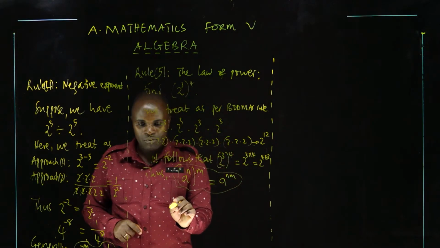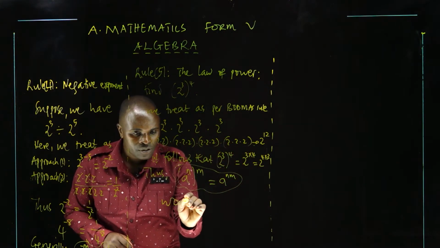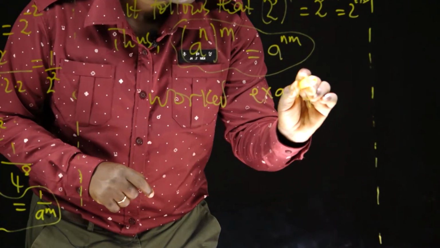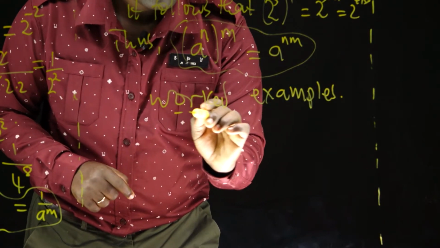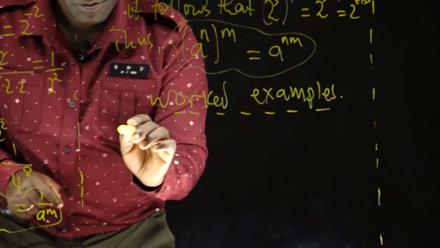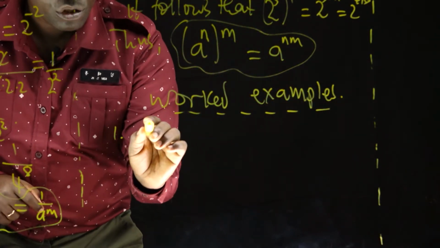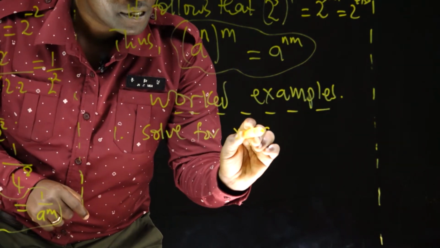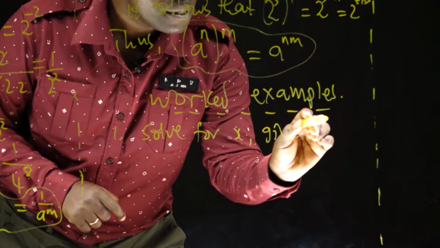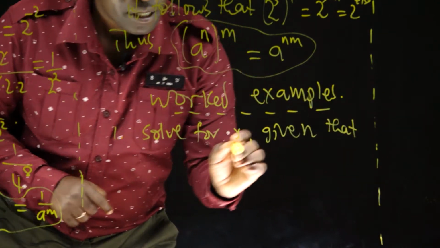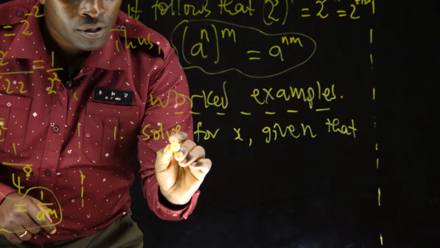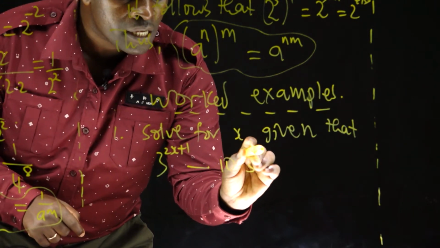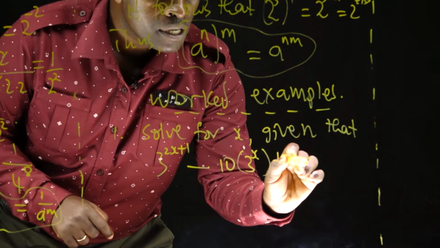Now let's check here. We say worked examples. One can give us: solve for x given that 3 power 2x plus 1 minus 10 power 3x plus 3 equals to 0.